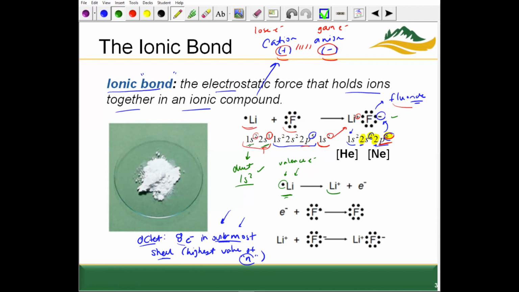It still has 2 electrons in the 1s subshell, but in these sorts of depictions, we don't show the inner shell electrons. We're only going to see the valence electrons that are in the outer shell. So 1 electron gets removed from lithium to form a cation. Here's that 1 electron that can then get transferred to fluorine.